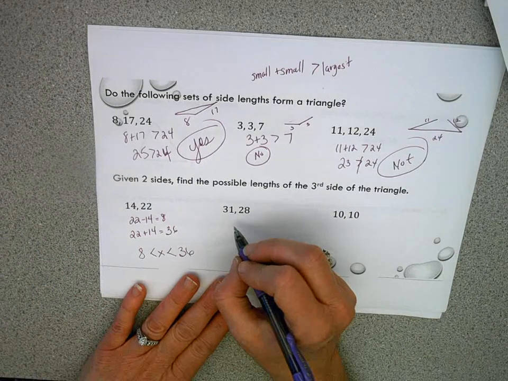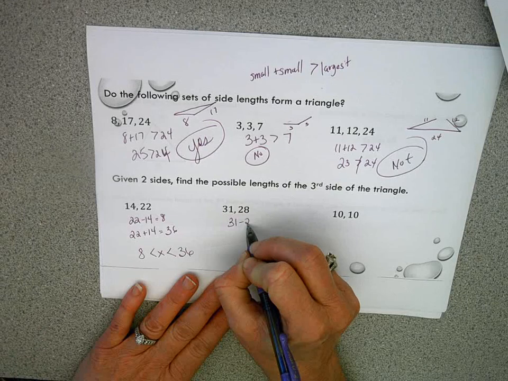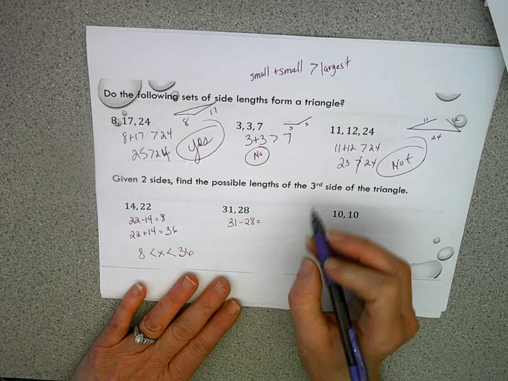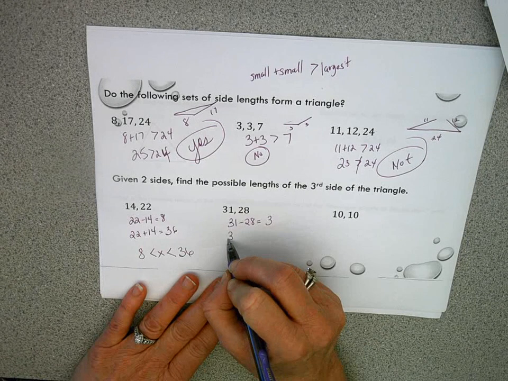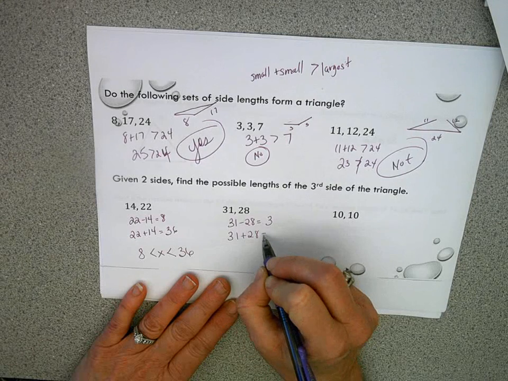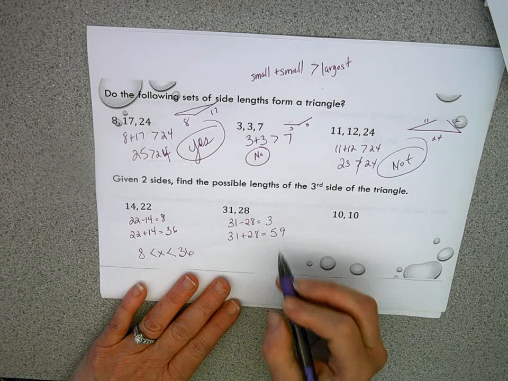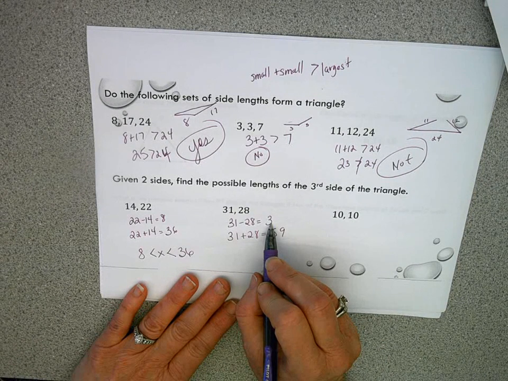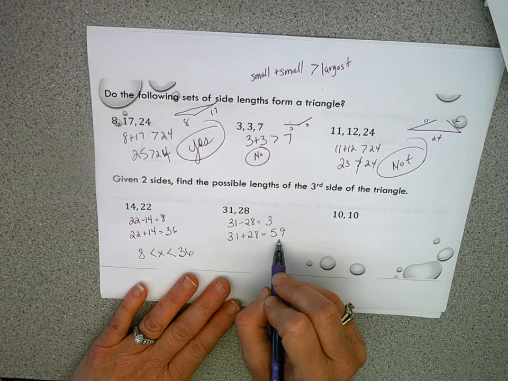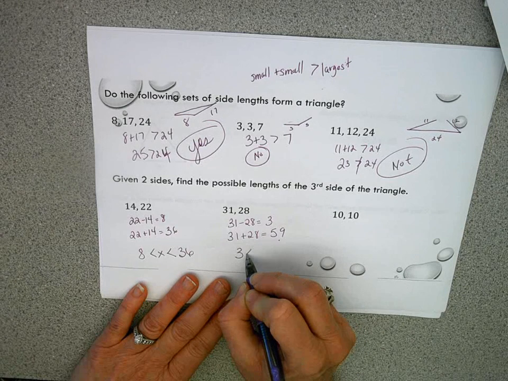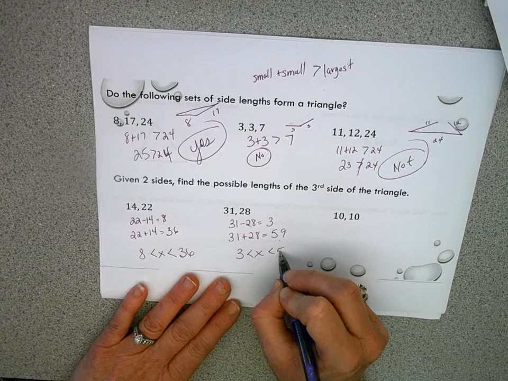Okay, same thing on this one. Make sure you're subtracting the larger one minus the smaller one so you don't get a negative. This would be not connecting because it's too short. This would be not connecting, it's too long. So anything greater than 3 but less than 59 would work.